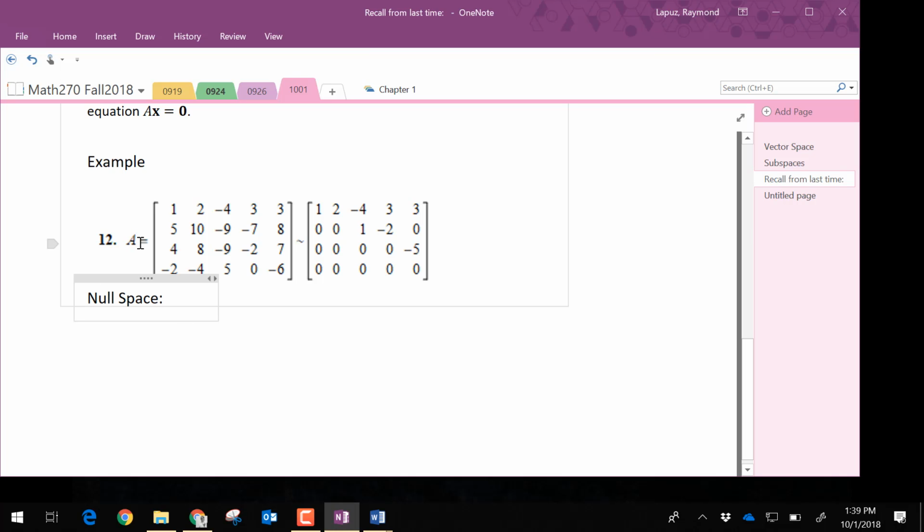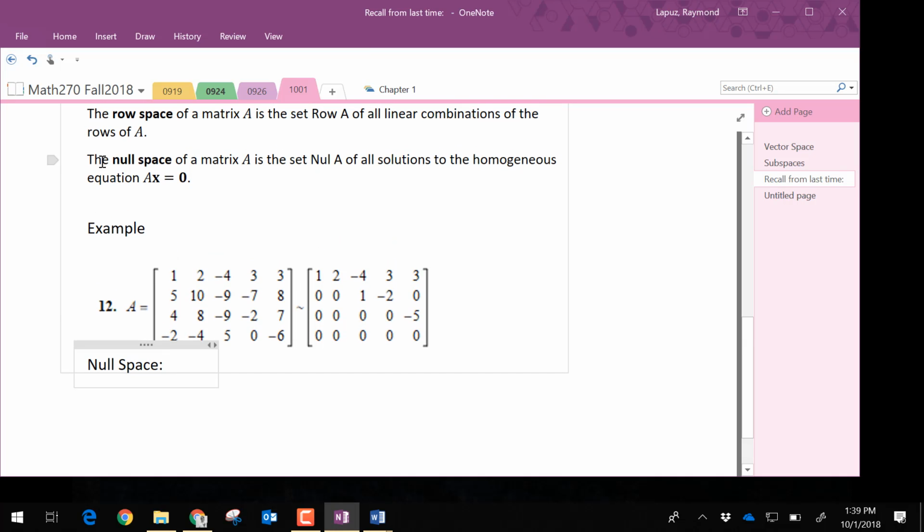So the null space, according to this definition, is the set of all the possible solutions to your homogeneous system. So pretending that this is a system, when you're dealing with homogeneous systems, instead of having a whole column of zeros, we kind of omit that and just take a look at the matrix itself.